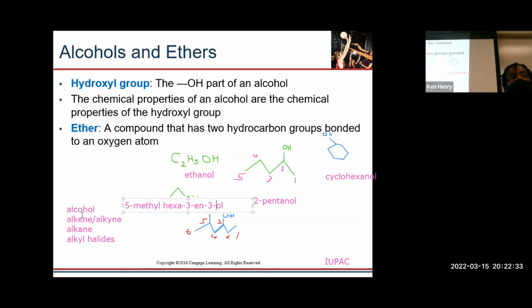So the one that has the most priority is the alcohol, so we take on the alcohol's last name, OL. I'm just telling you how it works. It's based upon priority. Are you guys with me? Any questions? I'm getting weird vibes, like, okay, I get it, but I don't get it.